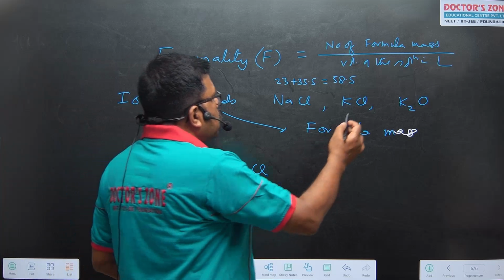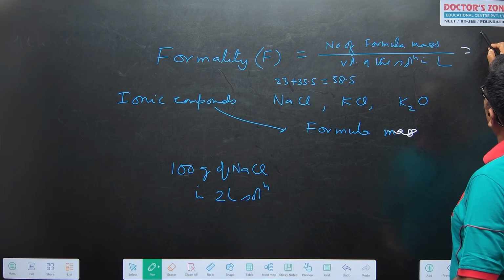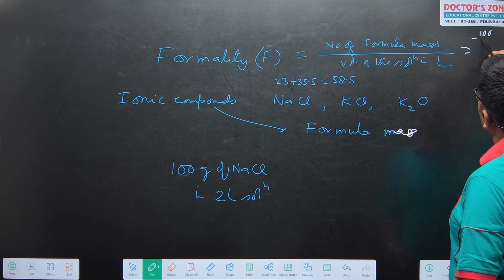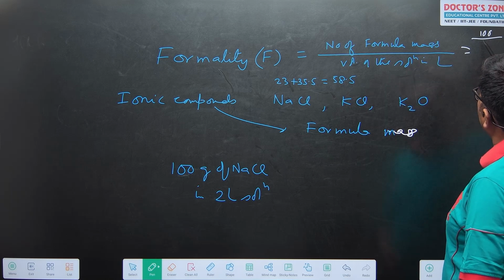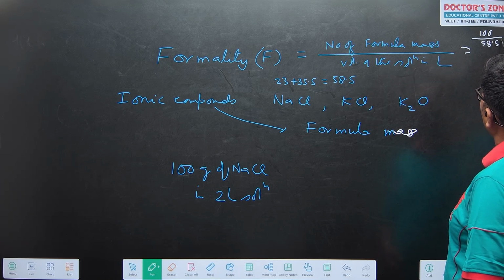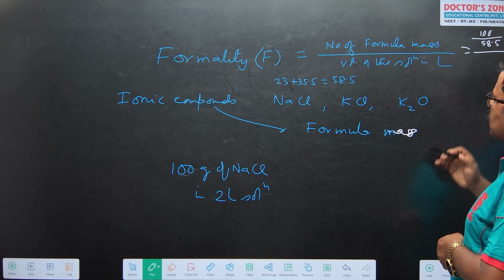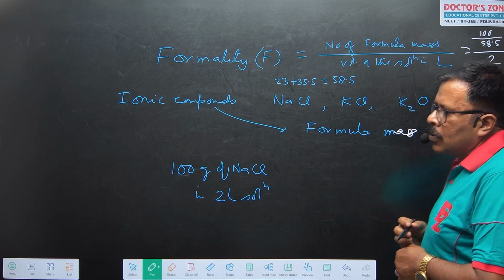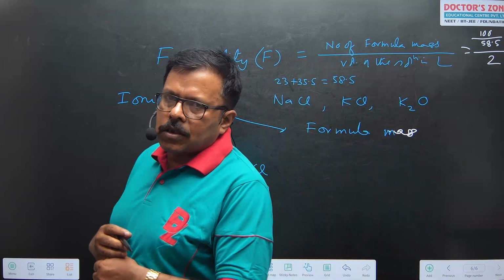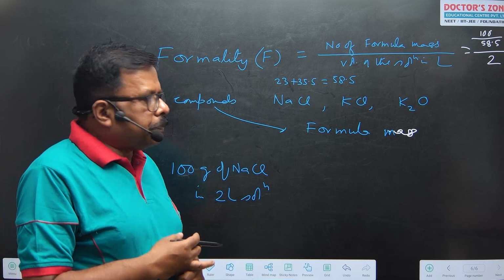So what will be its formality? Its formality will be: 100 is the given mass, and the formula mass is 58.5. So this will give us the number of formula masses, and divide by 2. On calculation we will get the formality of the solution.